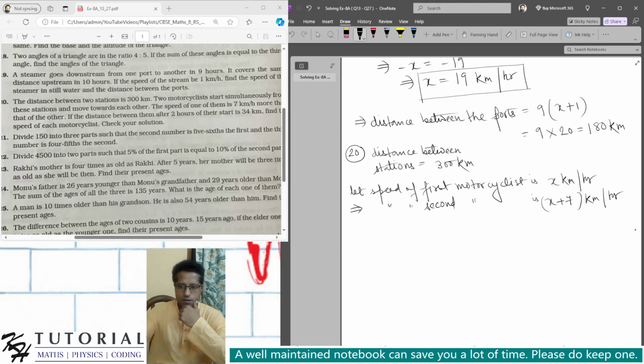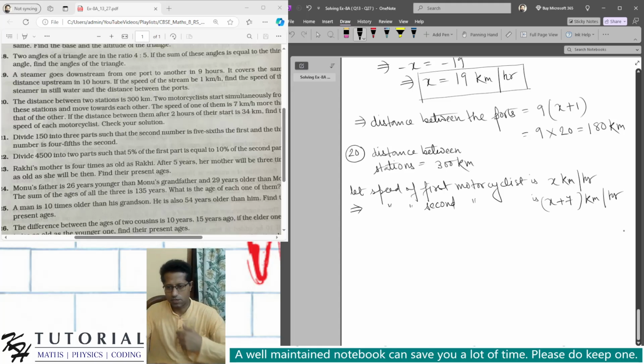We have considered the slower motorcyclist to be x kilometer per hour. Hence, the speed of the faster motorcyclist will be x plus 7 kilometer per hour. So we know the speed of the two motorcyclists in terms of x.